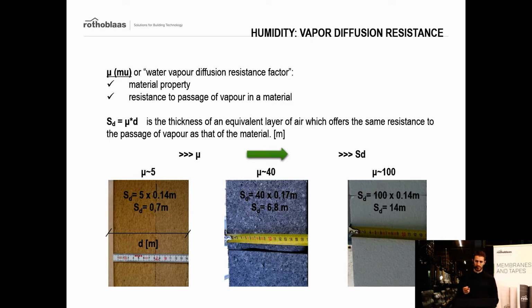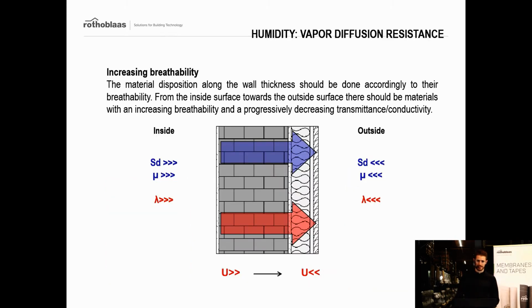The SD is measured in meters because it's the thickness of an equivalent layer of air which offers the same resistance to the passage of vapor as that of the material. So that's why it's in meters.